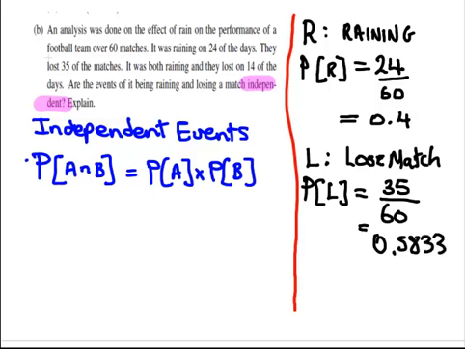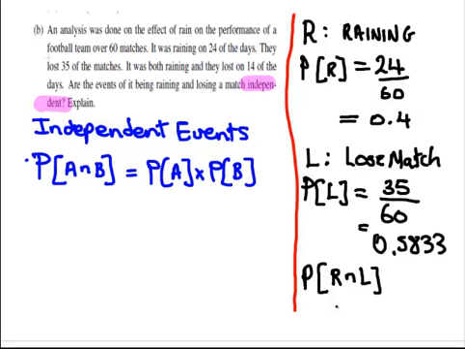Lastly, we're told the probability of it raining and that they lose the match. So probability of R and L, or R intersection L, is 14 divided by 60.